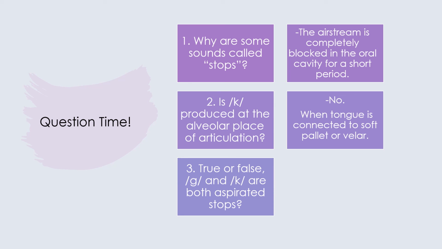And the last question here is a true or false. I have G and K are both aspirated stops. Is that true or is that false? We have a couple seconds here. All right, and so the answer to that is false. Only K is an aspirated sound and G is unaspirated.